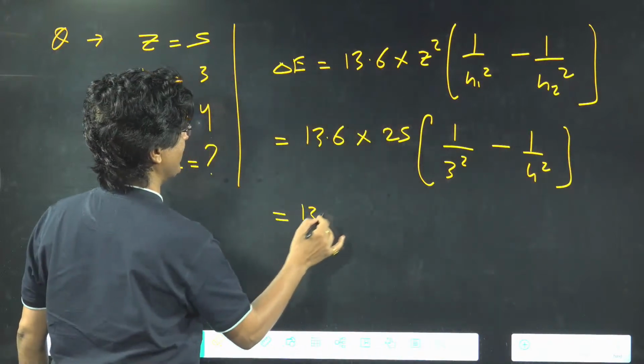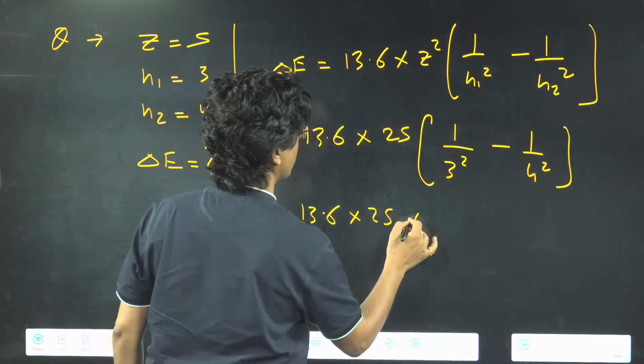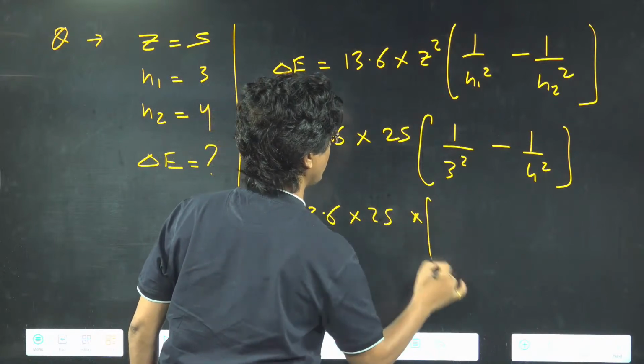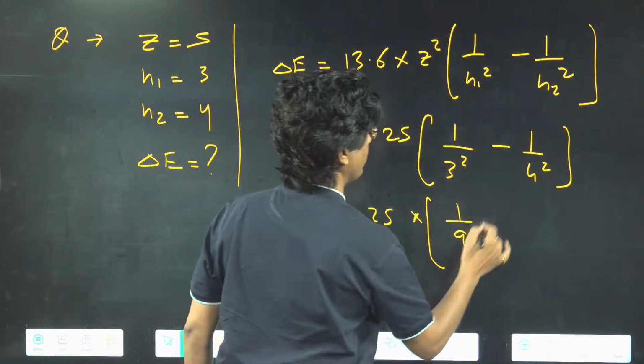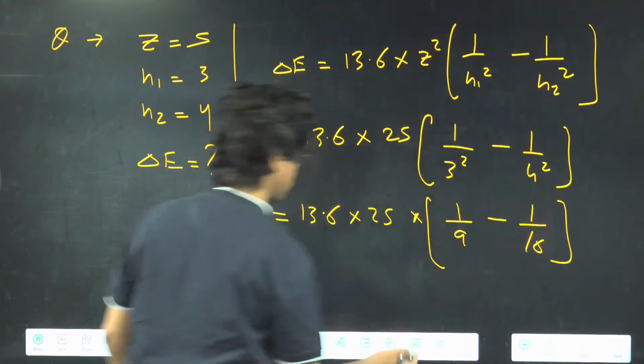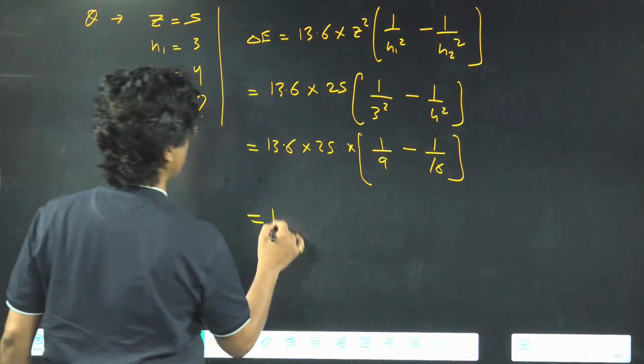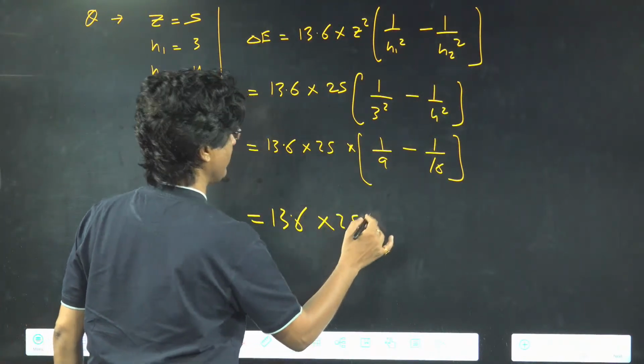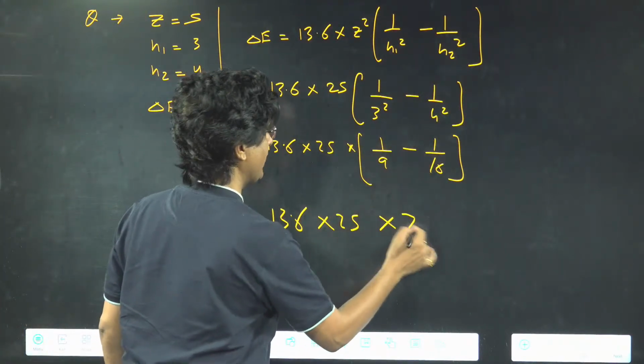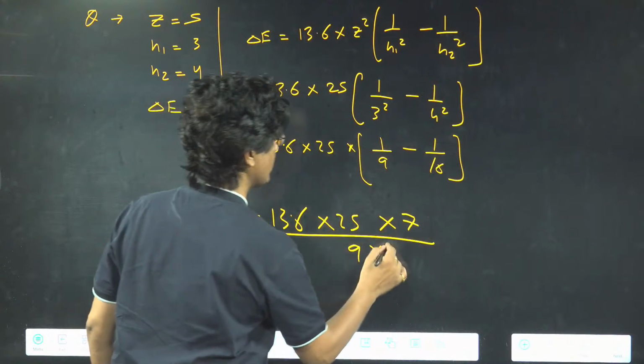That will be 13.6 into 25, and this will be into 1 upon 9 minus 1 upon 16. So can I take LCM? It will be 13.6 into 25, 16 minus 9 will be 7, and this will be 9 into 16.